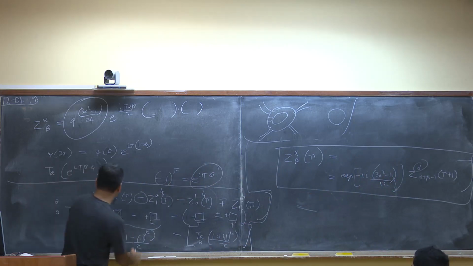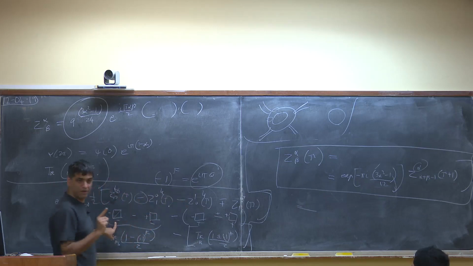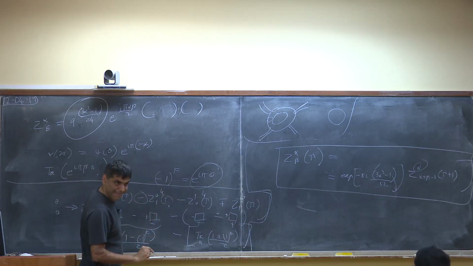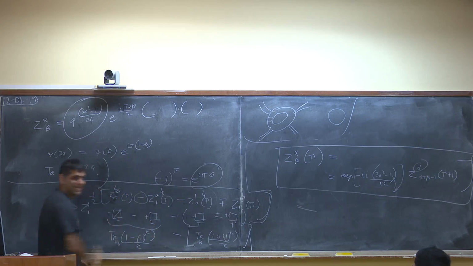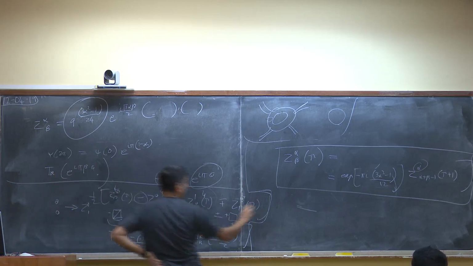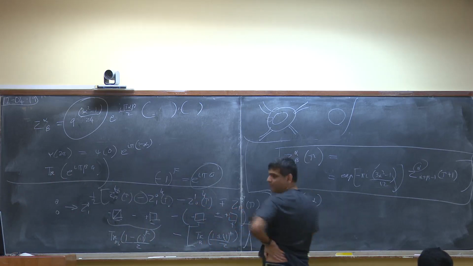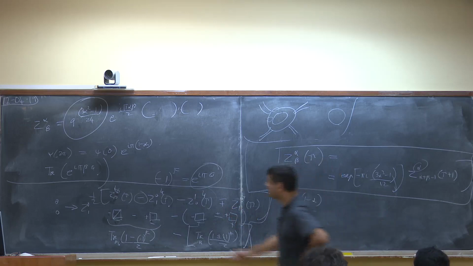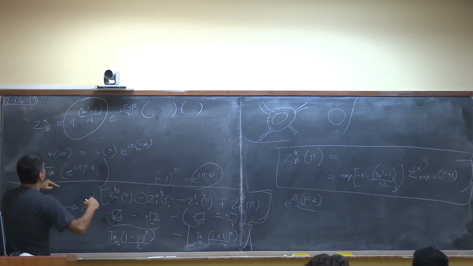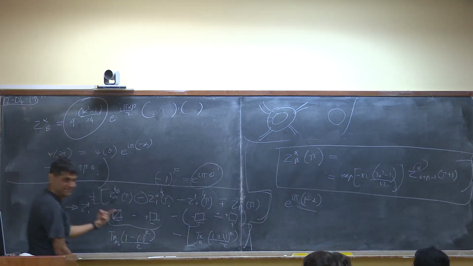It's basically this point, right? We want to keep track of the overall phase of the fermions as they go across this cycle. What was the phase of the fermion as they went across here? It was e to the power i pi times minus 1 to the power alpha. What was the phase of the fermions as they went over here?